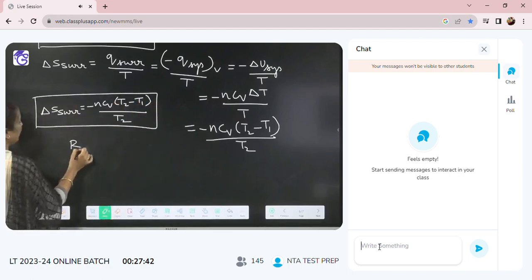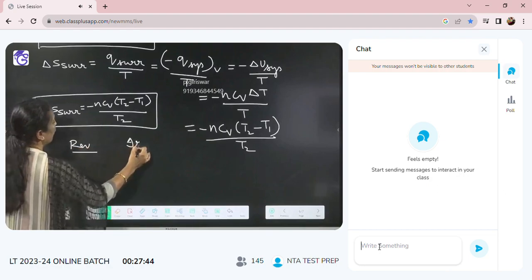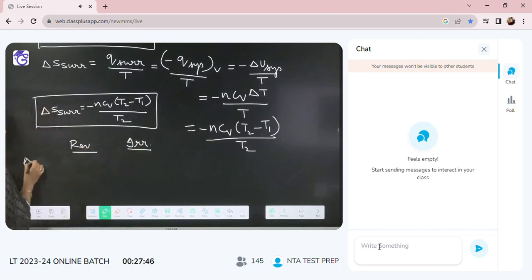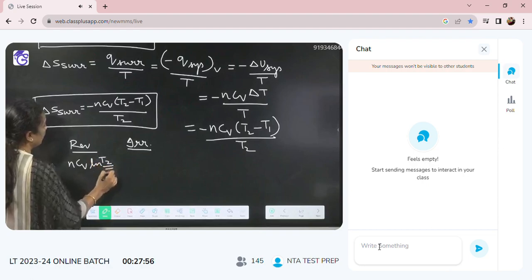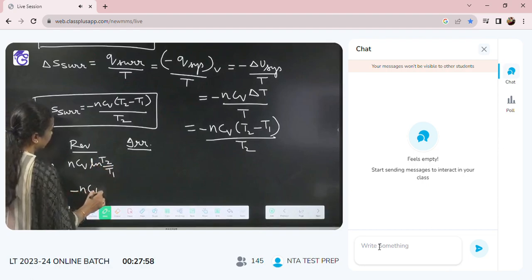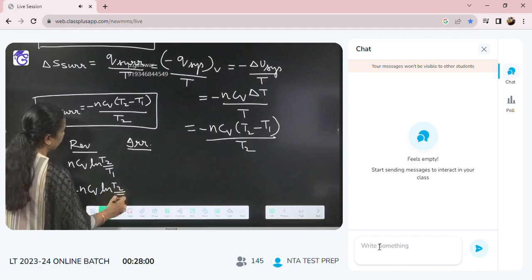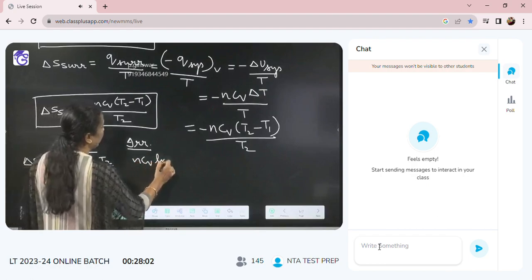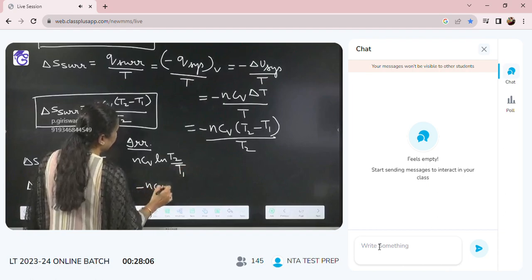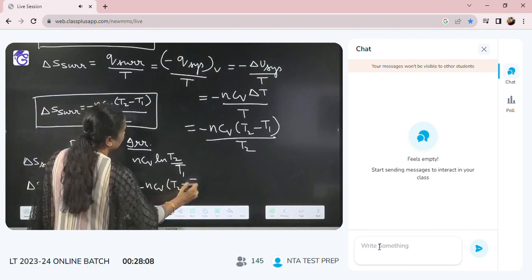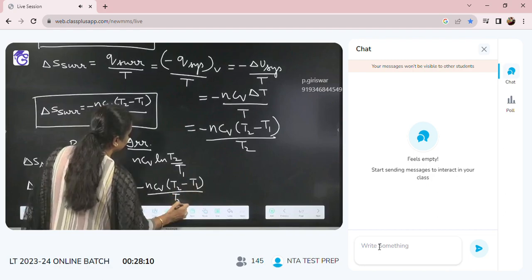So ultimately for reversible and for irreversible, delta S system, delta S surrounding here, this is going to be NCV ln T2 upon T1 minus NCV ln T2 upon T1. This is again NCV ln T2 upon T1. And this one is minus NCV T2 minus T1 upon T2.